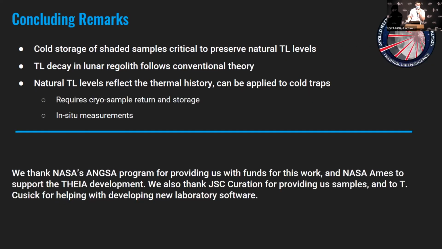That would probably come at LPSC; we have more to say about that. But what I really want to say is that the cold storage of the shaded samples really made an impact on the TL levels that we see, and that the TL decay really follows the theory. And we think we can apply this to finding cold traps on the moon that were there for a long time, millions of years. So thank you.